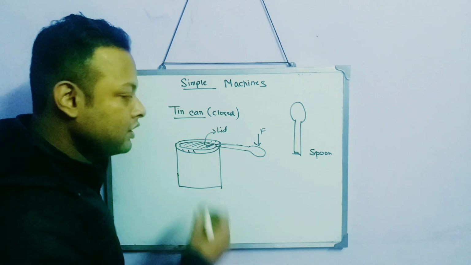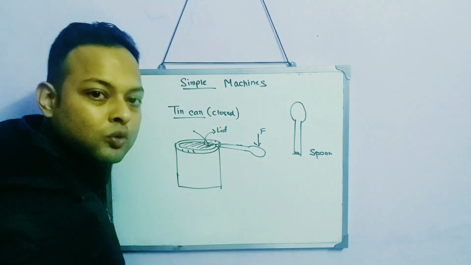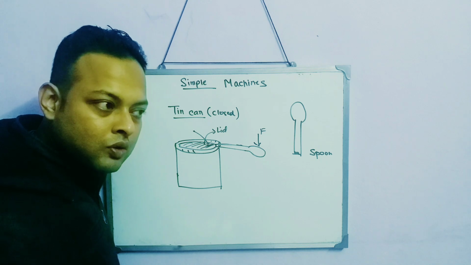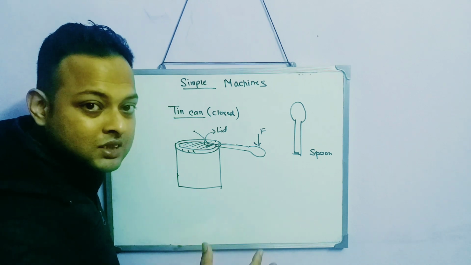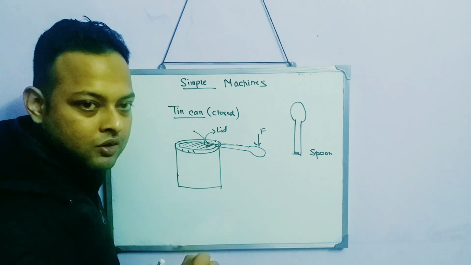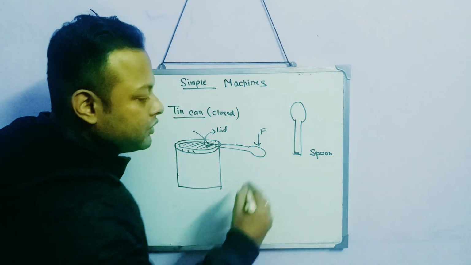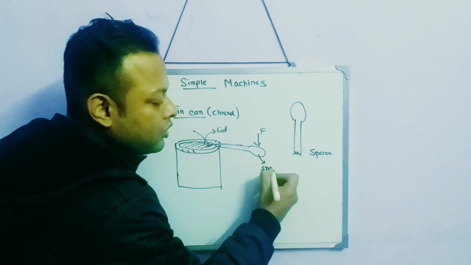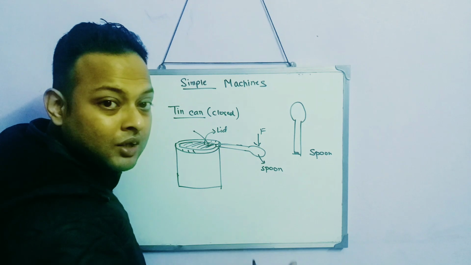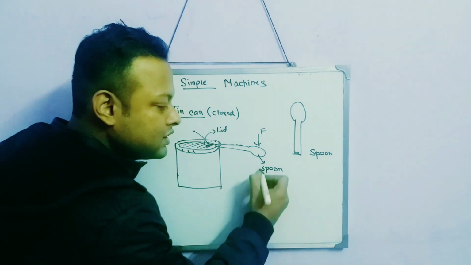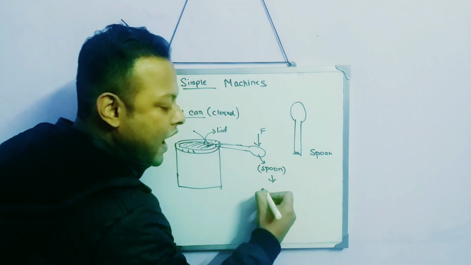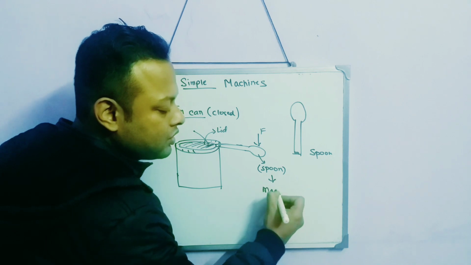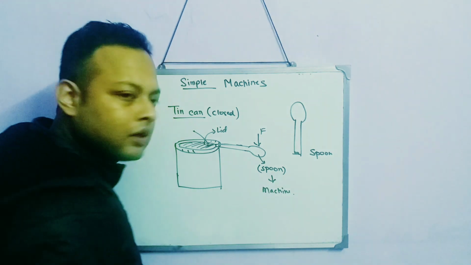What do you notice? That this lid comes out quite easily. I will put some pictures so that you can understand this quite easily. So over here, this spoon made our work easier. So I can say this spoon acts like a machine. Clear?